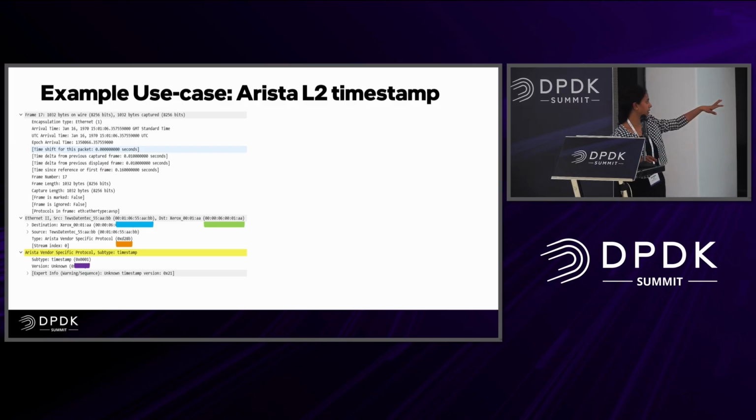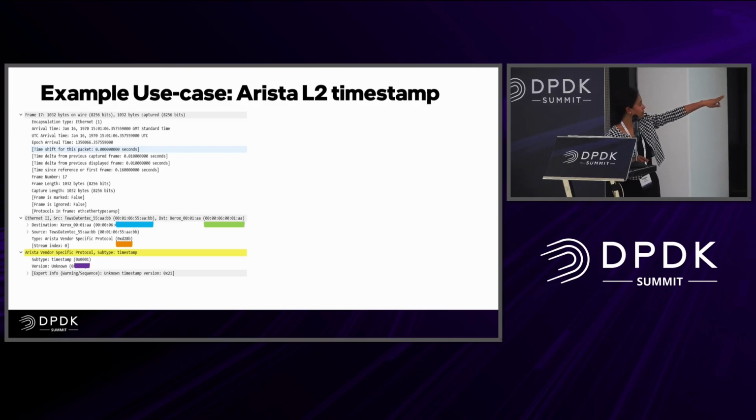If you see here, there is some color coding. We have the source in blue, which is the source MAC address, and the destination in green, which is the destination MAC address. And there are some specific bits which Arista wanted to pass on as a part of the spec.